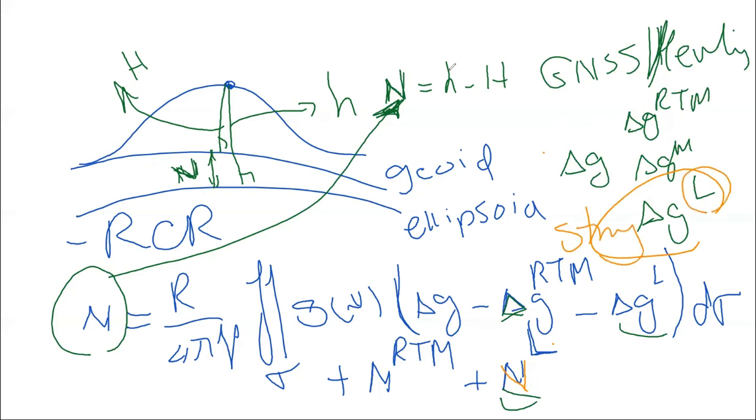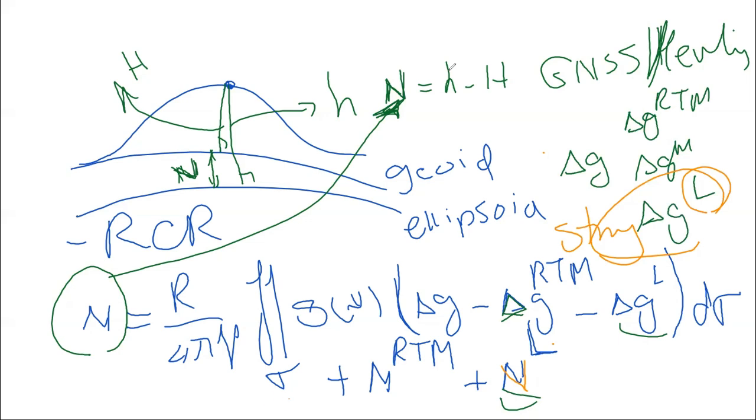When L is higher, then it will be stronger. Therefore, your geoid will be closer to the geoid that the gravity model gives to you. And also the error based on the propagation law is also there.